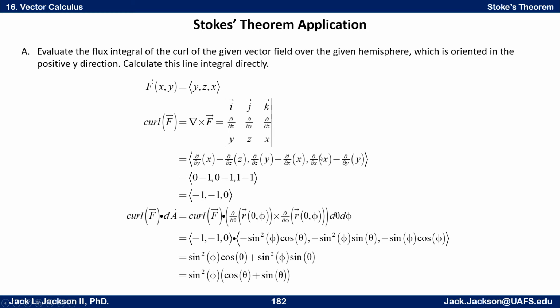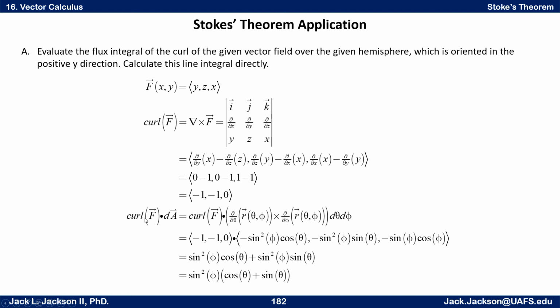This part is 1, and this part is 1, so 1 minus 1 is 0. All right, so there's our curl of the original function, and this constant function is the function that we're going to integrate over. We're going to find the flux of that vector function through this hemisphere.